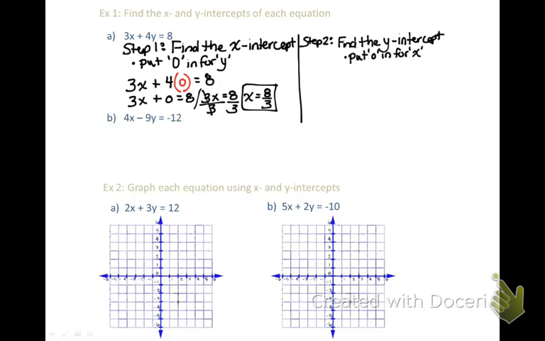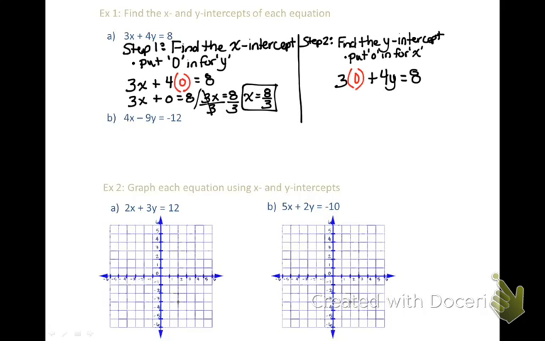So you're going to have 3 times 0 plus 4y equals 8. Like I said, you can skip down to the next section.